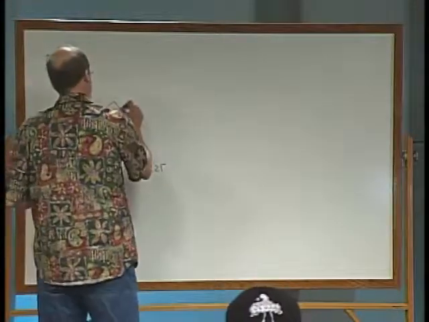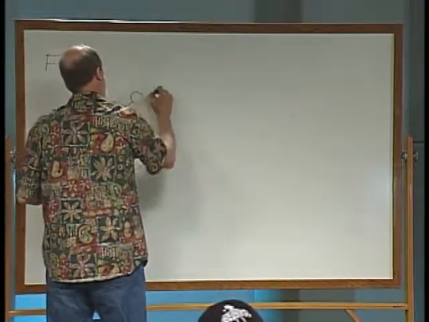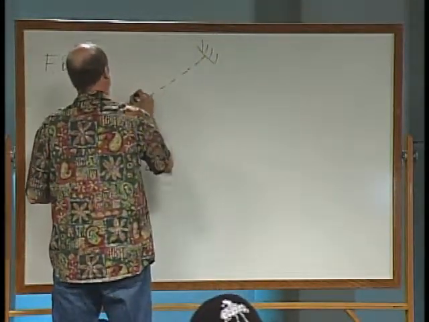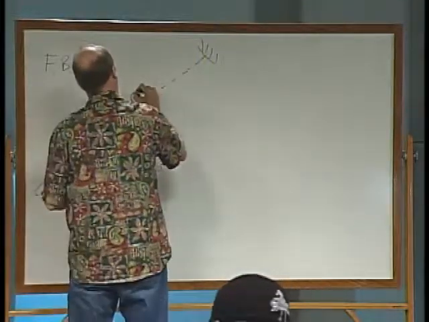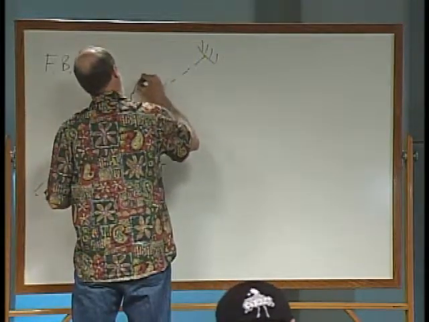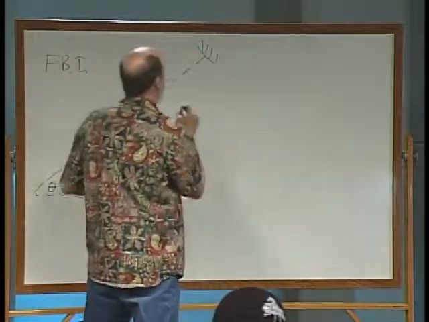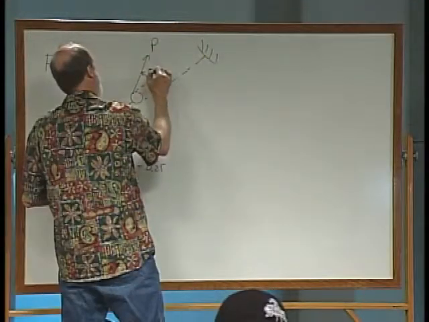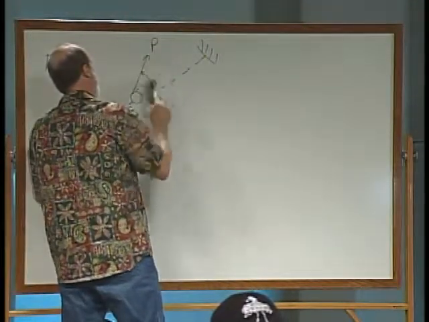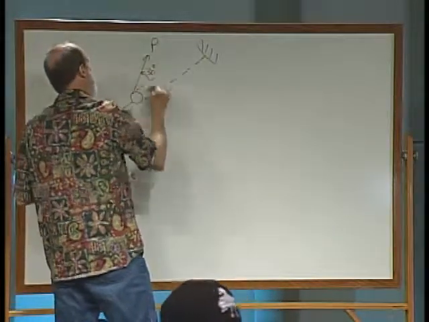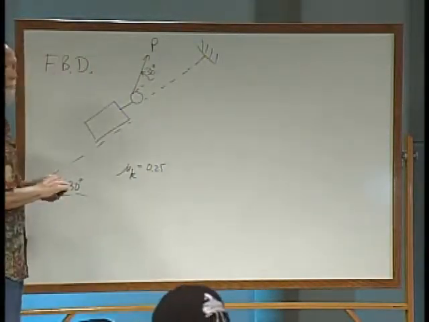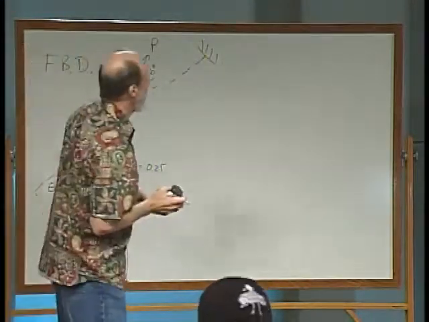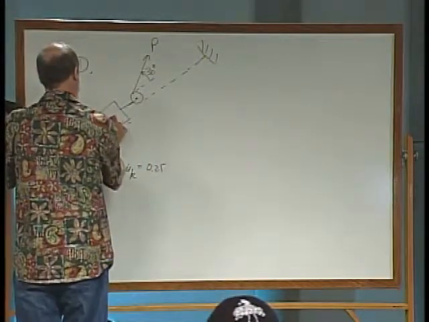And then we have a pulley system with a cable fixed up here, and coming off that cable is some force P, which happens to be at another angle, 30 degrees. And the object has a weight of 100 pounds.